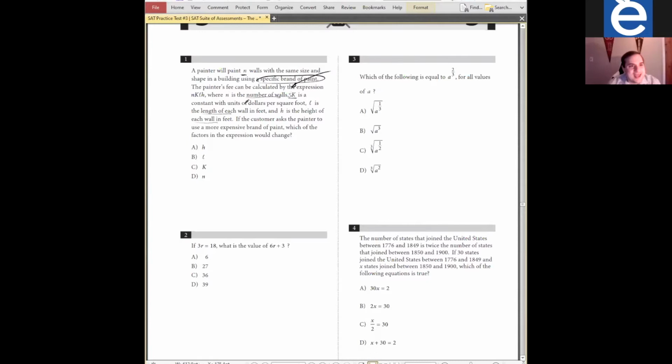Now, it says K is a constant with units of dollars per square foot. While it doesn't explicitly say that that's related to the brand of paint, all of the others definitely are not. It makes sense that this is related to the brand. This is related to the fixed cost of the paint. The answer there is C.